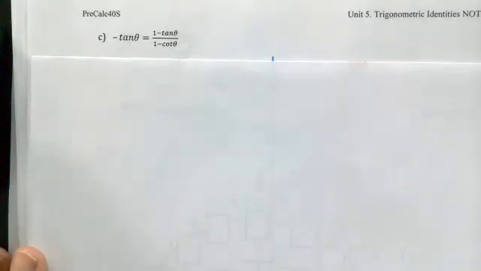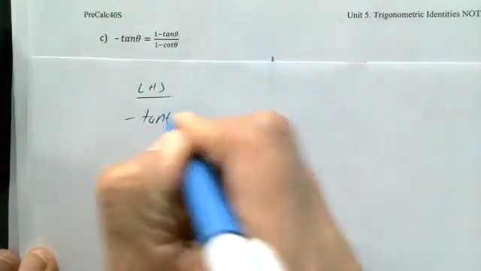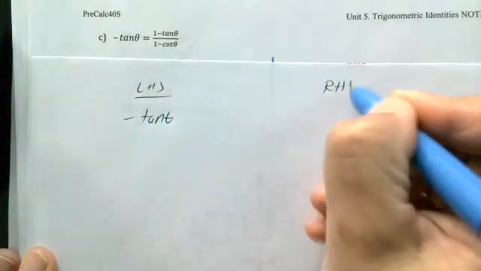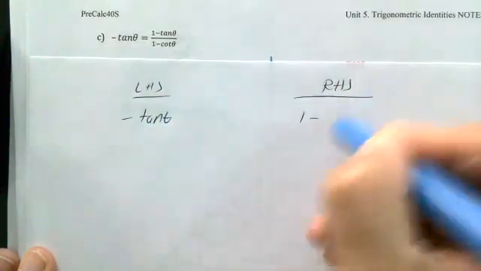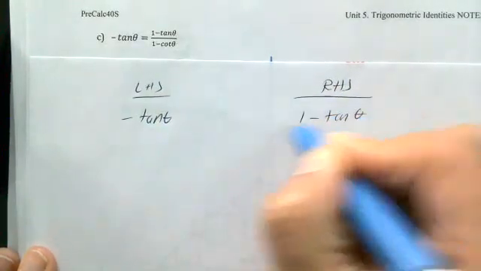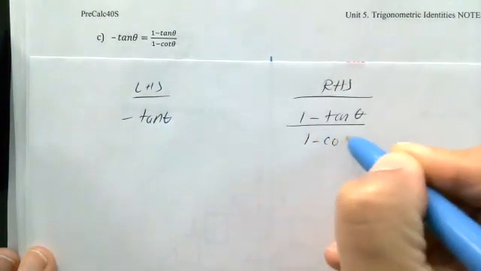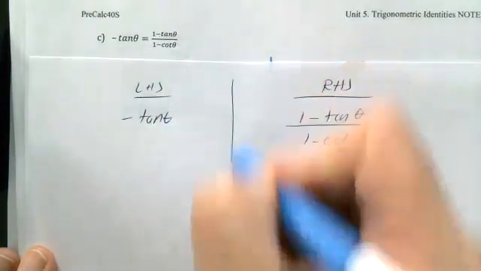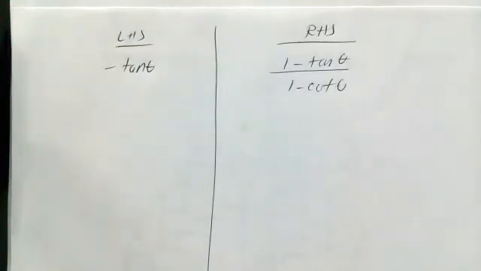Okay, so the left-hand side is minus tangent of theta. The right-hand side is 1 minus tangent of theta over 1 minus cotangent of theta. And I've done it with cotangent as well, so you can do this one too. If you want, you can change everything into sine and cosine.